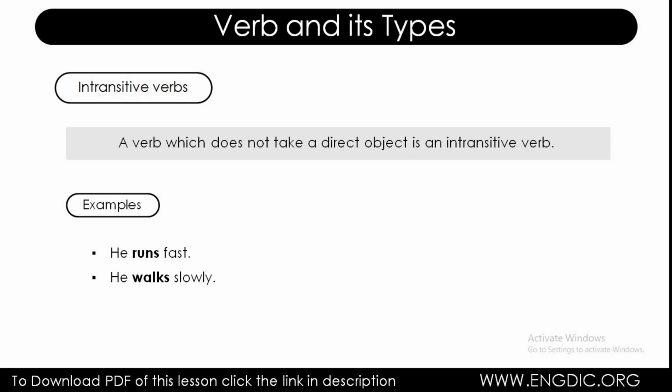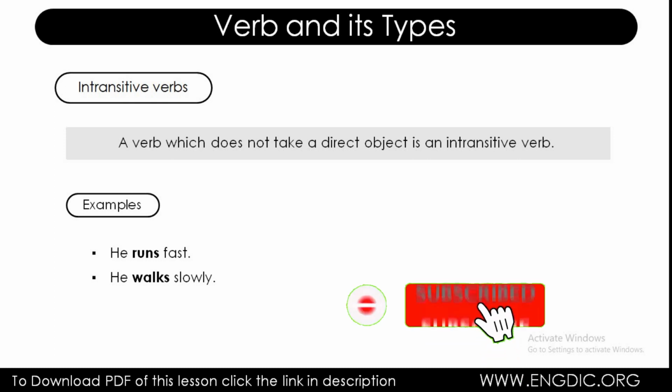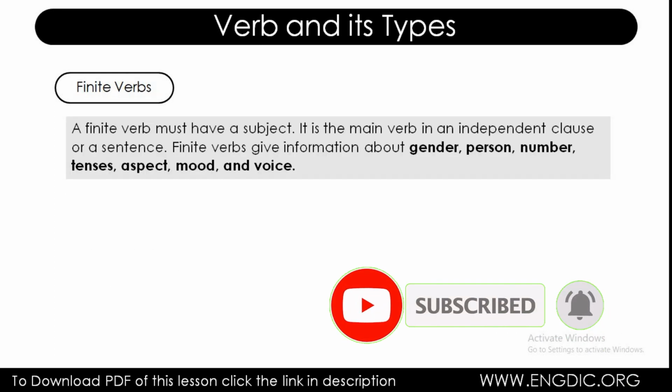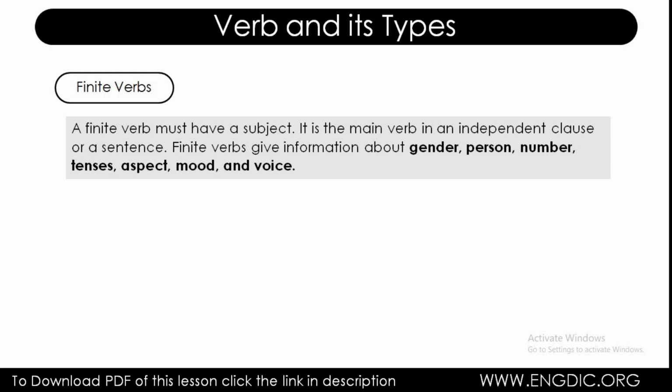Now let's move towards the next type of verb, which is finite verb. A finite verb must have a subject. It is the main verb in an independent clause or a sentence. Finite verbs give information about gender, person, number, tenses, aspect, mood, and voice.